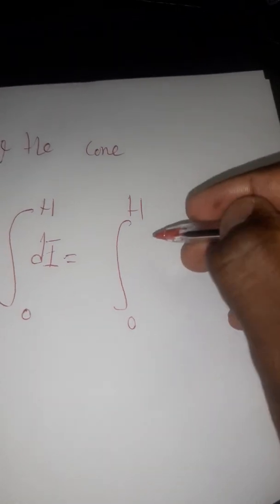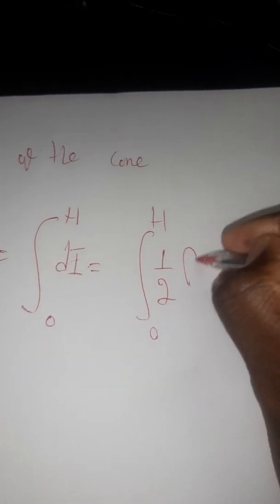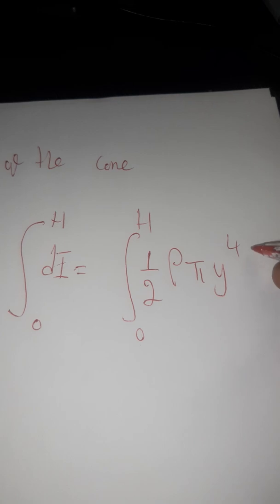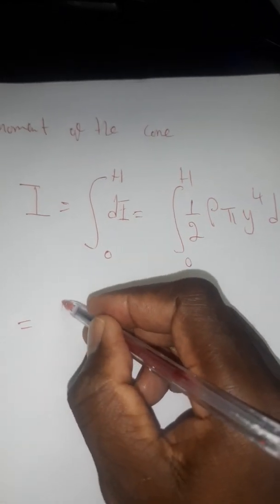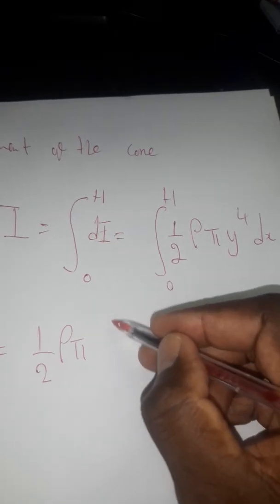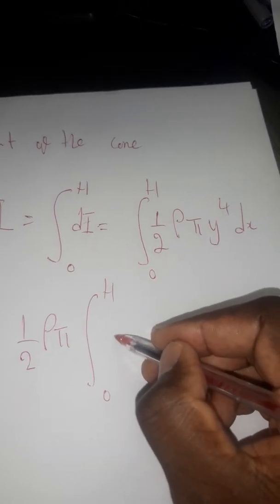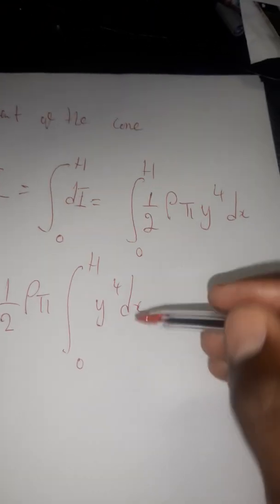Now the integral of half rho pi y to the power 4 dx equals, taking the constants out, half rho pi times the integral between 0 and h of y to the power 4 dx. But we know y from that equation.